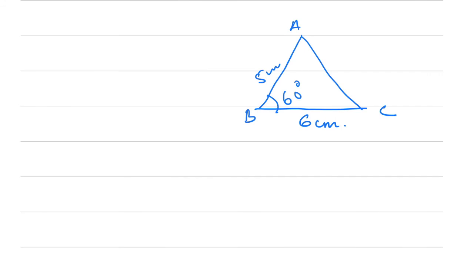This we can construct. Now we have to construct another triangle whose sides are 5 by 7 times corresponding sides of triangle ABC. So we have to draw a triangle.